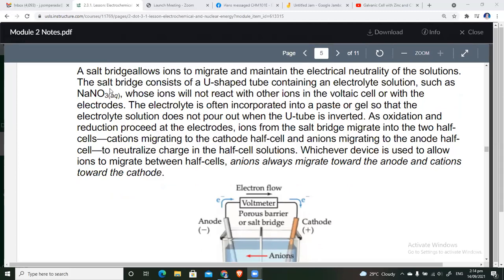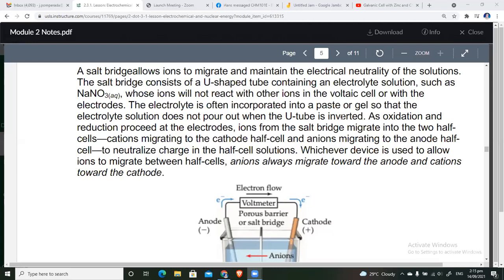If it were liquid, when you put it upside down into your solution, the entire thing inside your U-tube, which acts as your salt bridge, would be poured down into your solution. So it's most of the time in the form of a paste or a gel. The electrolyte is often incorporated into a paste or gel so that the electrolyte solution of sodium nitrate does not pour out when the U-tube is inverted.